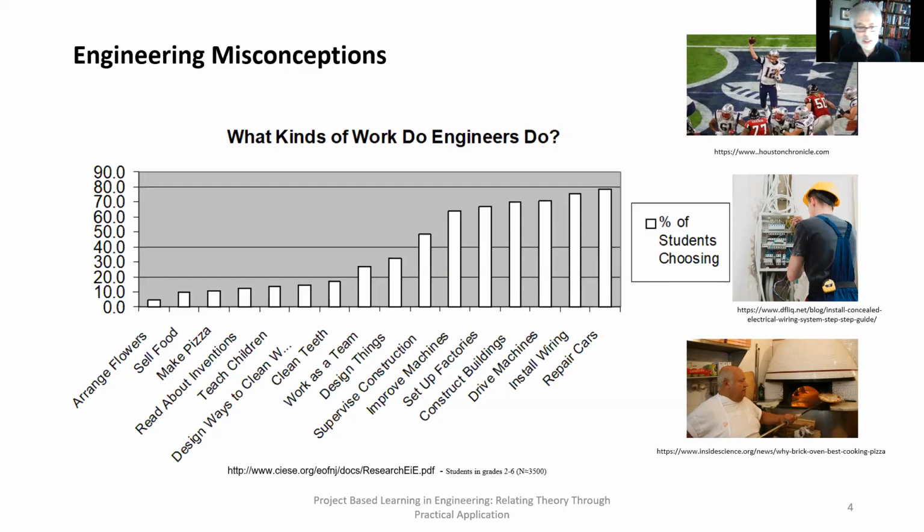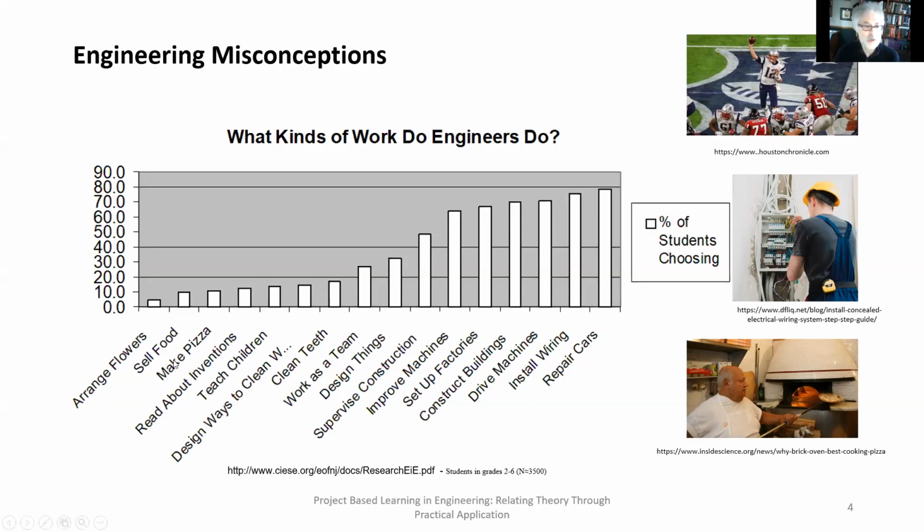This is a statistic that we found a few years ago that was kind of interesting. It asked 2nd to 6th grade students, and this is a large sample size, 3,500 students, what do engineers do? You have these categories given. You can see here: arrange flowers, sell food, make pizza.